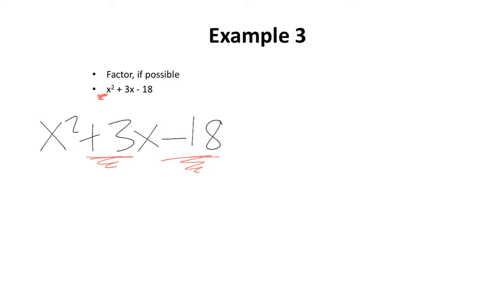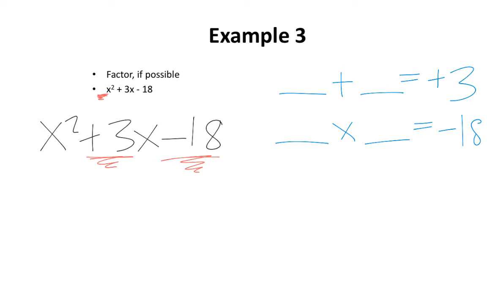Therefore, you need to ask yourself this question. What two numbers, when added together, will give you positive 3, and the same two numbers, when multiplied together, will give you negative 18? At this point, you'll need to use your times tables and some guess and check. I've figured out these numbers to be positive 6 and negative 3.